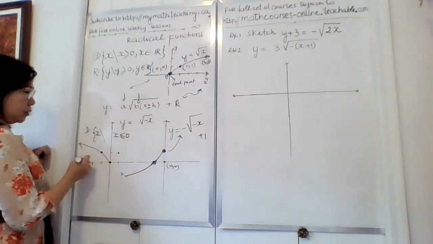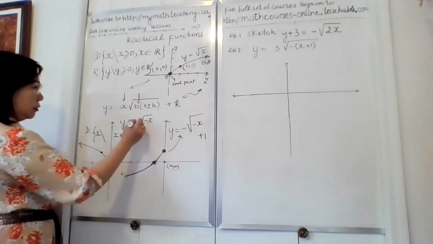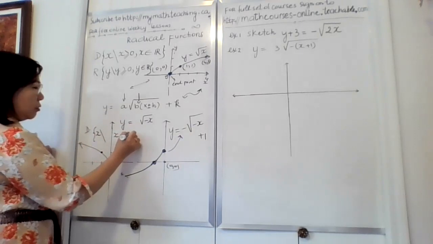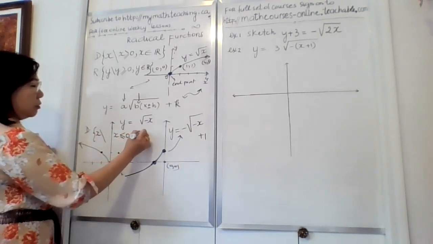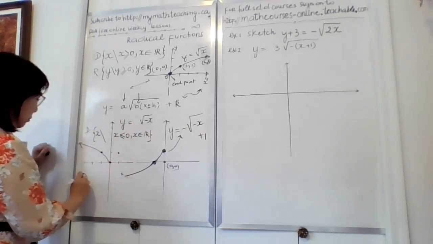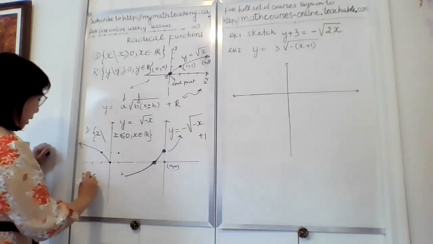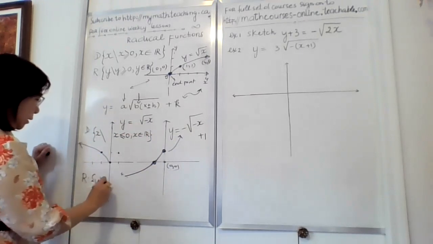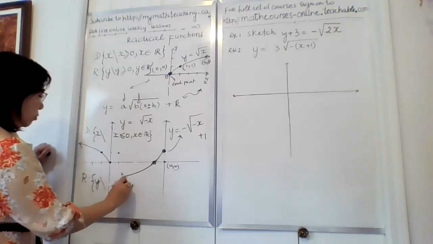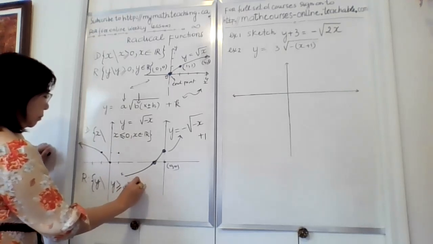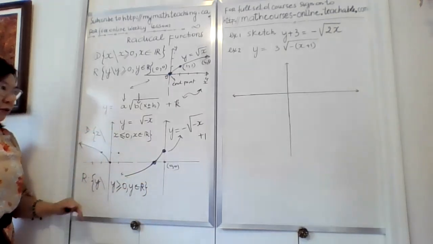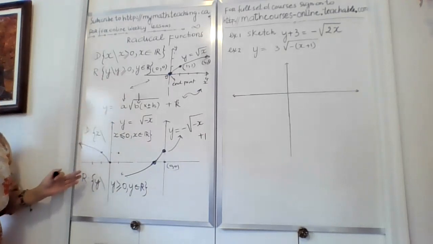For the reflection, it goes this way, right? So this is the one we're talking about. So x has to be less than or equal to 0, and also x belongs to the real numbers. That's how we state the domain for this function. Now the range will be the set of y coordinates such that y has to be bigger than or equal to 0, and y also belongs to the real numbers. So that's how you write the notation for the domain and the range of these basic features of radical functions.